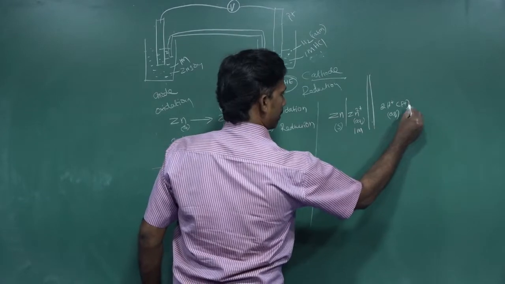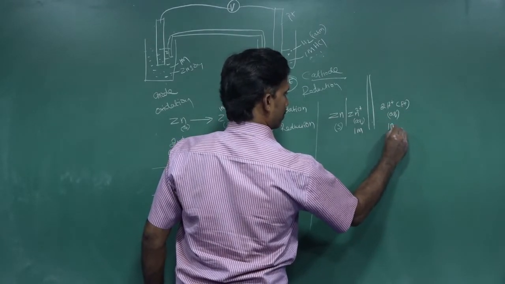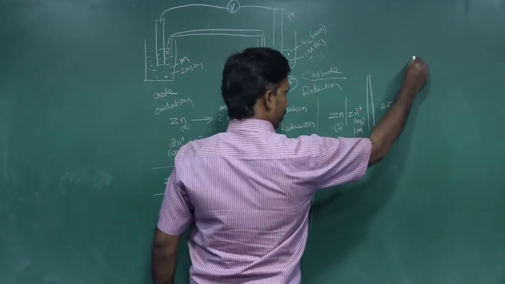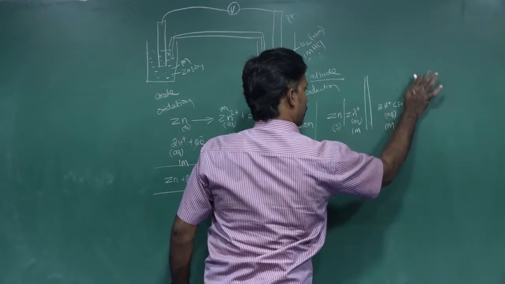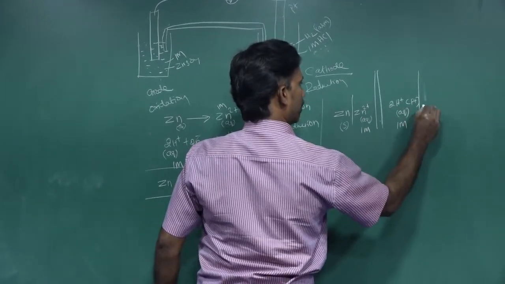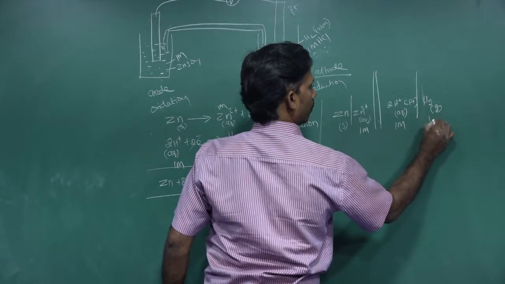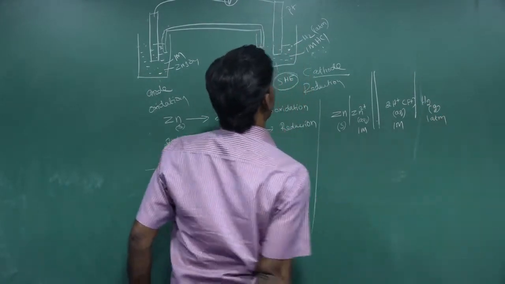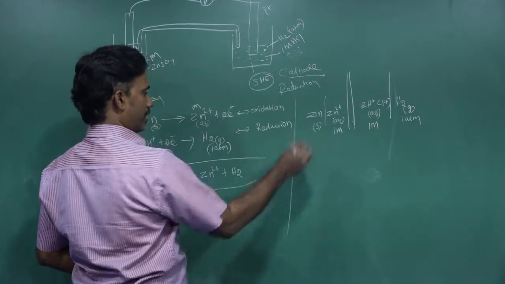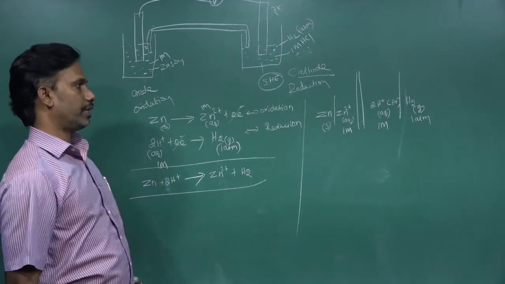Then a single vertical line to the H2 gas, 1 atmosphere. So this is the cell notation, and this is the cell reaction.